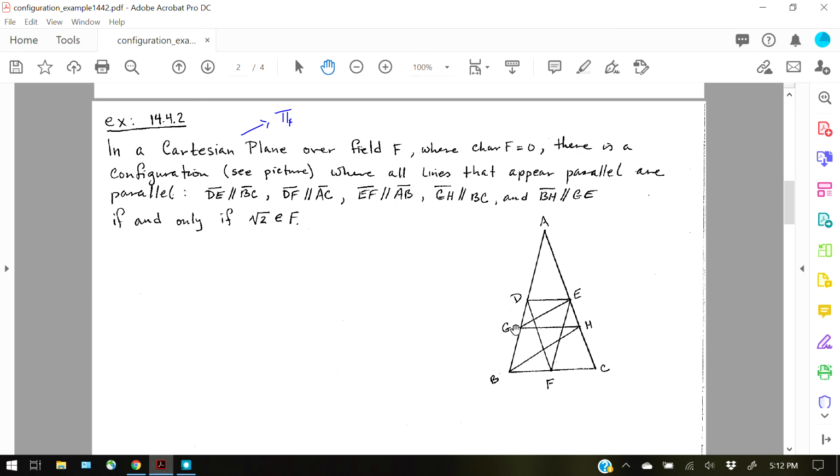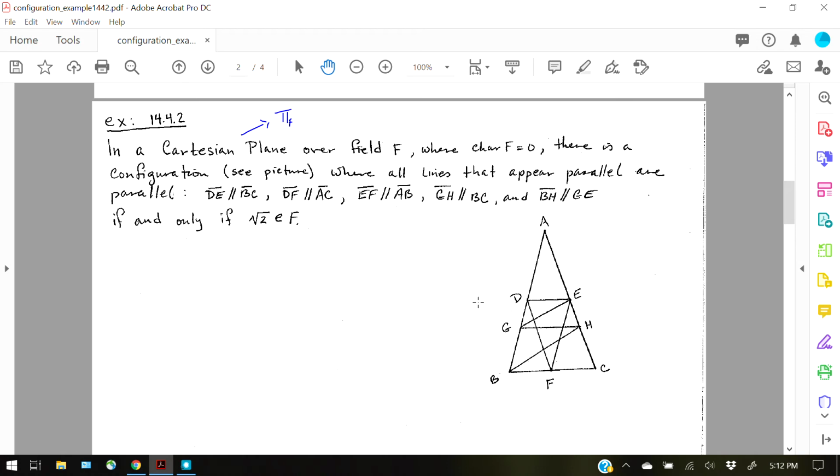BH is parallel to GE. Okay. And the claim here is we're only going to get this configuration when or if the square root of 2 is actually inside of our field. In other words, this is telling you, hey, the smallest field that contains this configuration in its Cartesian plane is going to be Q adjoin square root 2.